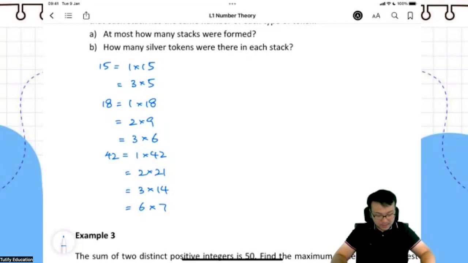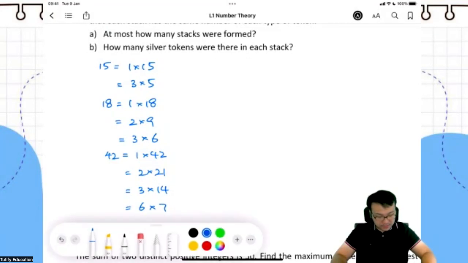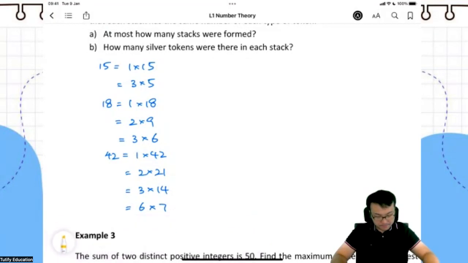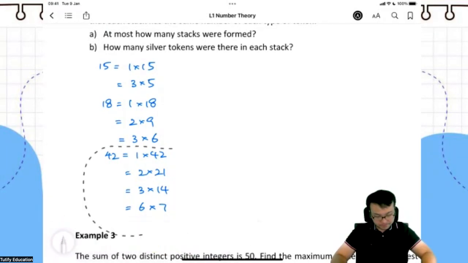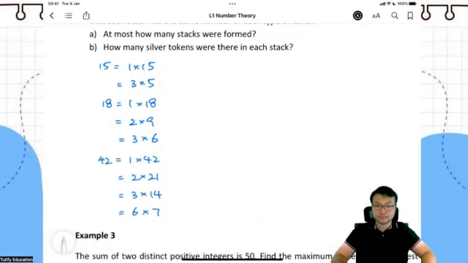Now, what is the highest common factor between all these numbers? Highest common factor is 3.